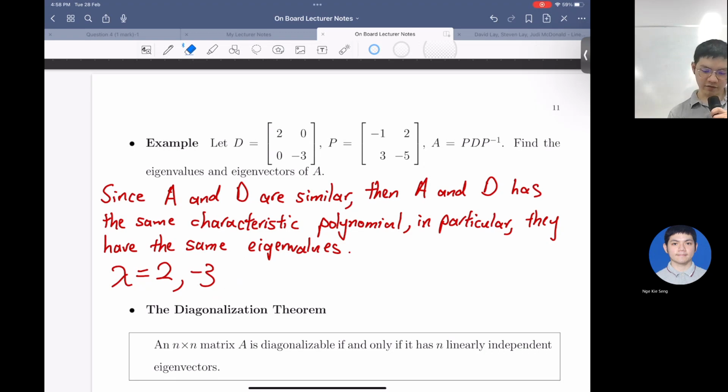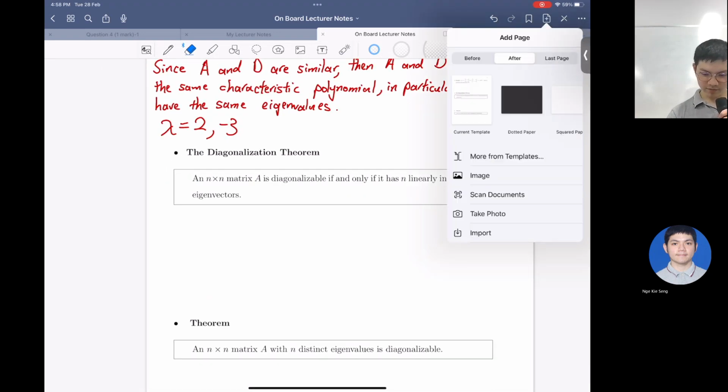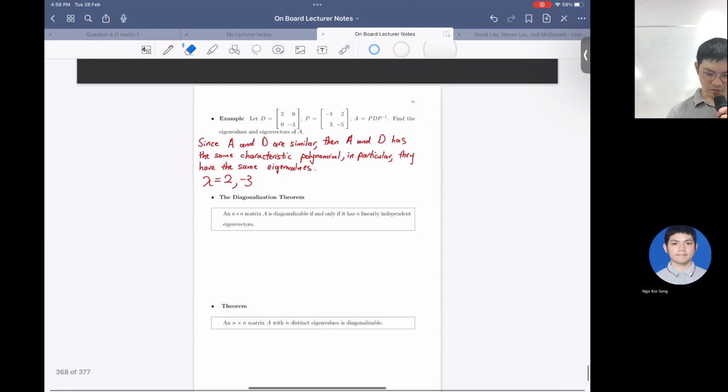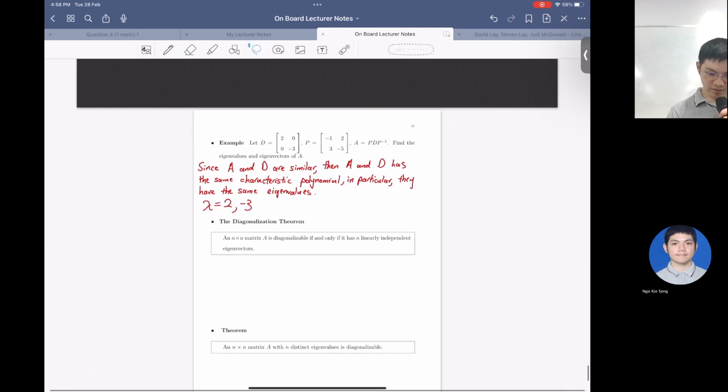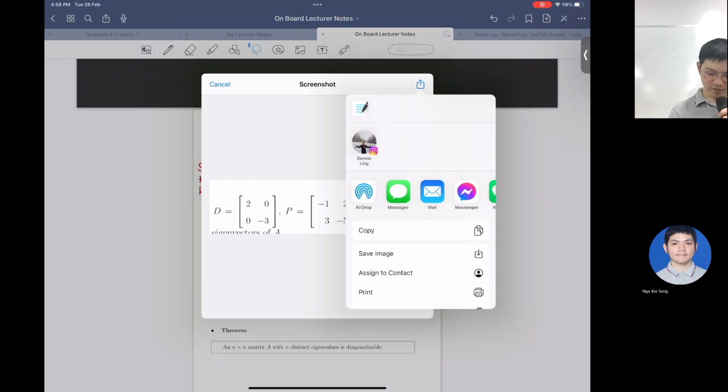How about the eigenvectors of A? Okay, let's work this out. This one is quite important. So just now what do we have? Let's compute this one.